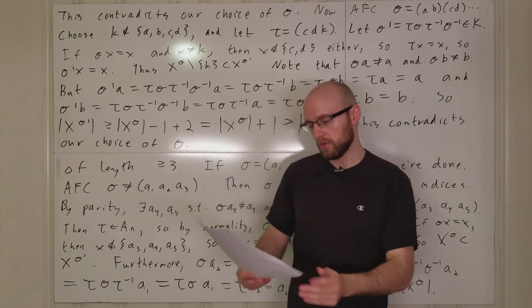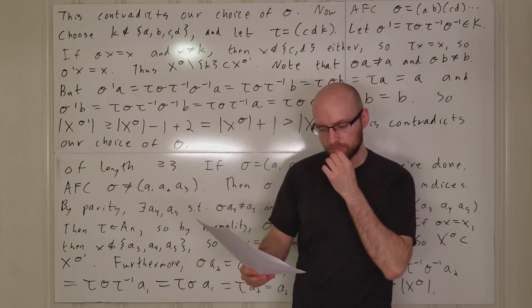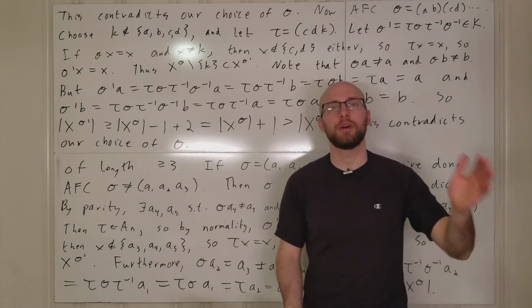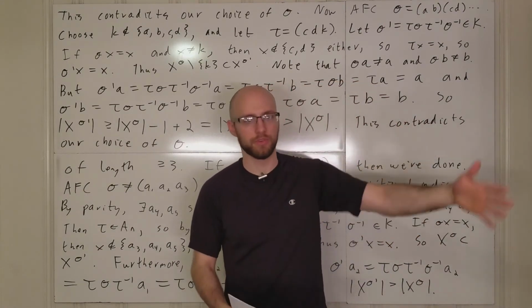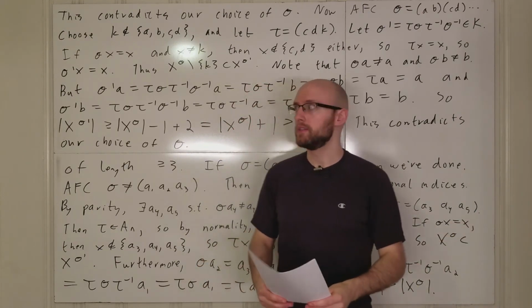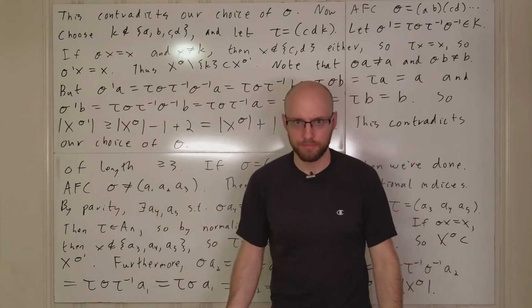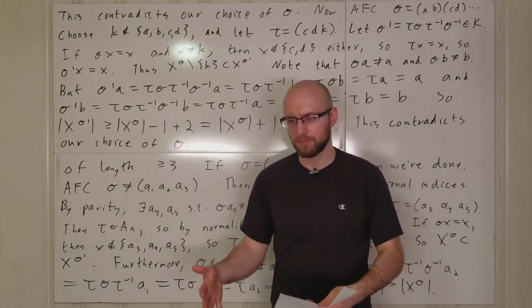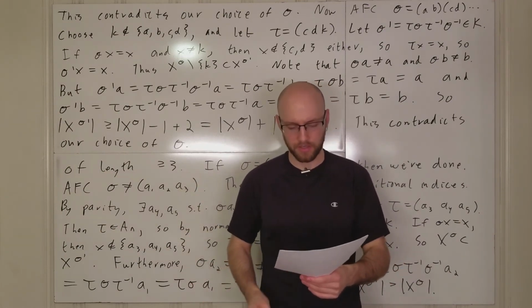One other note at the end here, we have these Sylow theorems saying, if you have a number that divides the order of a group, do you have a subgroup of that size? And using the fact that A_n is simple, you can find an easy example that it's not always the case.